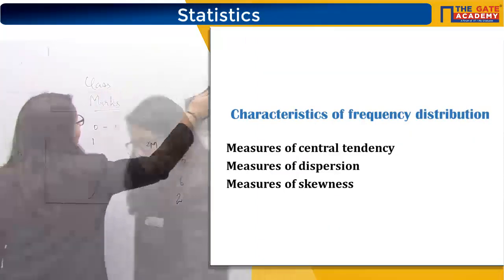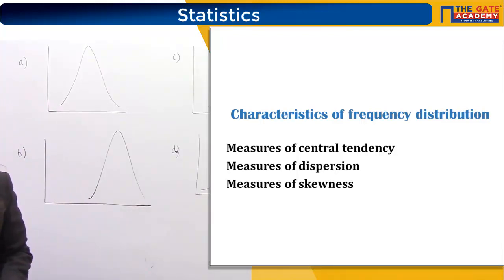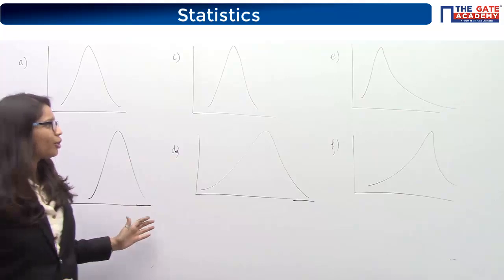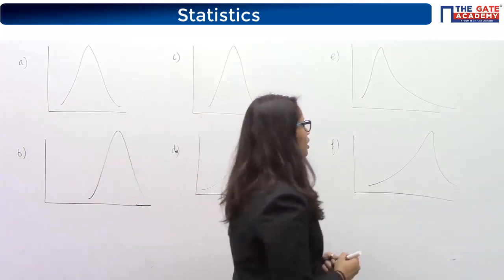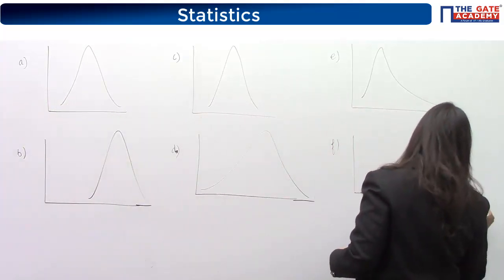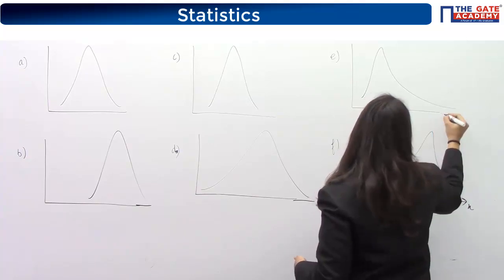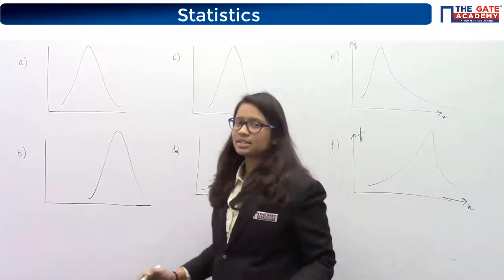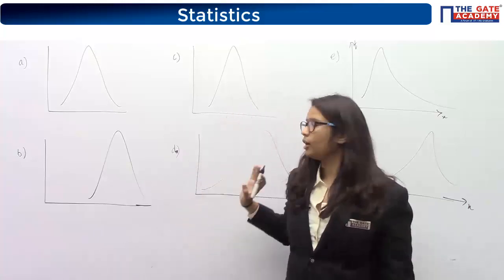So there are some characteristics of this frequency distribution. You can see I have drawn several frequency curves. All these curves have x-axis as x and y-axis as frequency. Now you can directly observe that there is a difference in each and every graph.